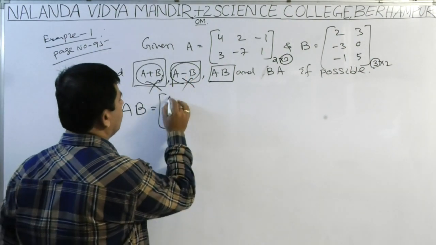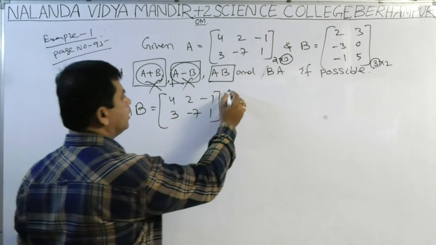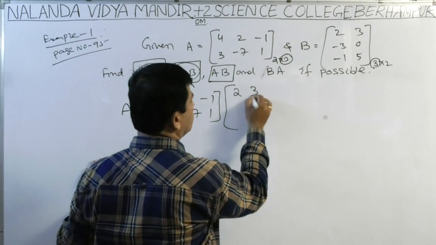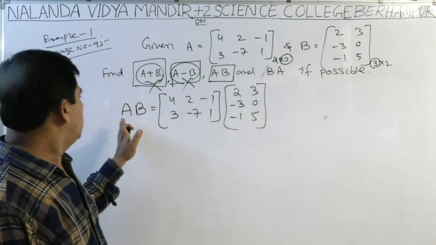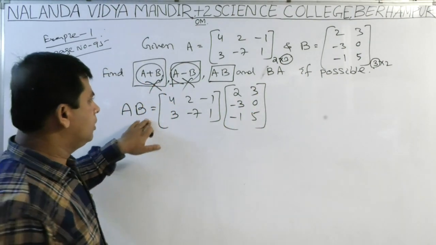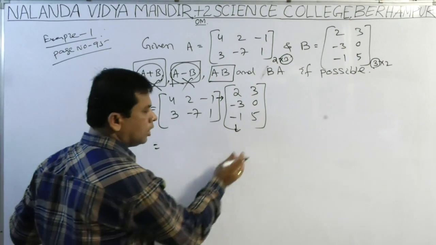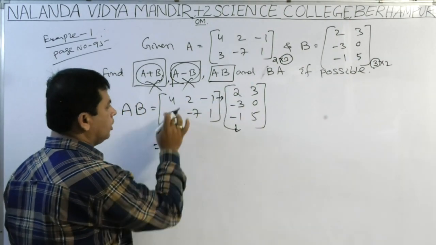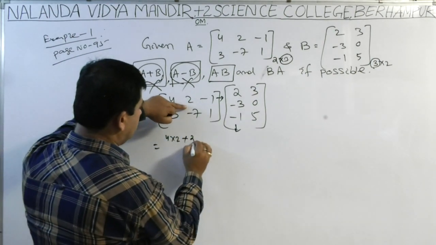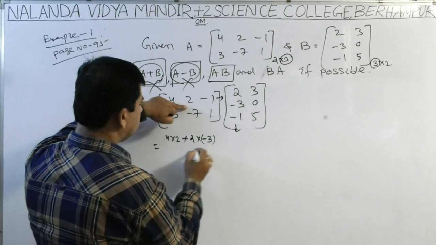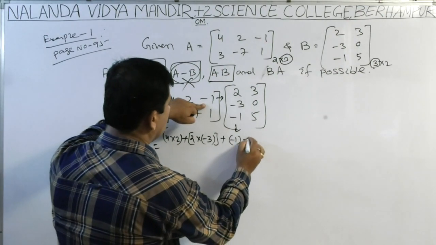Then we write A as 4, 2, minus 1, 3, minus 7, 1, multiplied with B, that is 2, 3, minus 3, 0, minus 1, 5. Now we can multiply A with B. First row of A with the first column of B: 4 into 2 plus 2 into minus 3 plus minus 1 into minus 1.